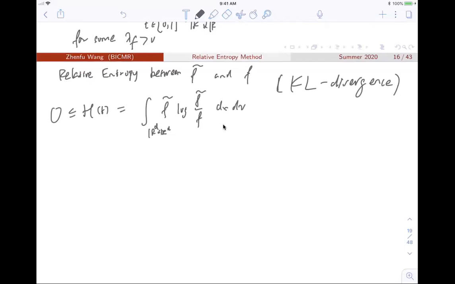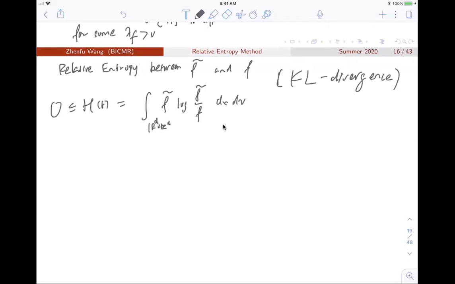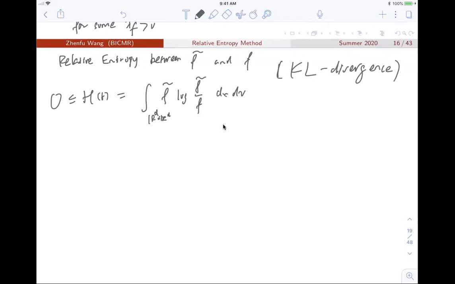So the argument is very easy. We just evolve the relative entropy HT, and we want to complete the estimate of HT. But here f is a weak solution, right?